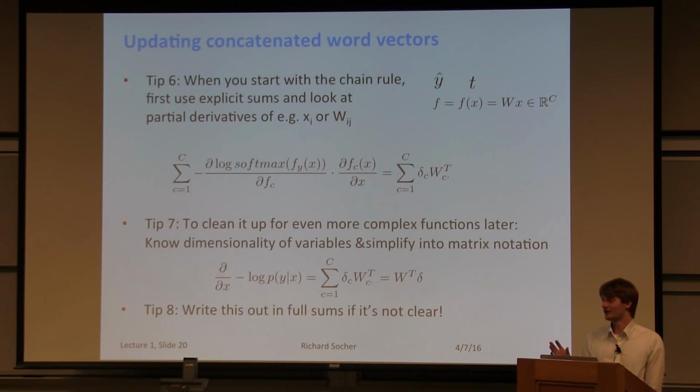It's very quick to subtract points if we see any multiplication ever that isn't even a proper matrix multiplication because the dimensionalities don't add up and don't make sense. So here, you will eventually see that the derivative with respect to x will be w transpose times delta. And again, if some things are not clear, write it all out in the full sum and then try to backtrack to see if you get to the matrix notation that way.